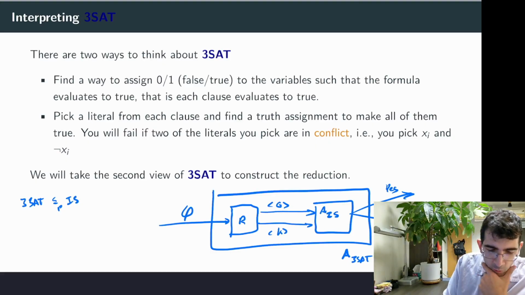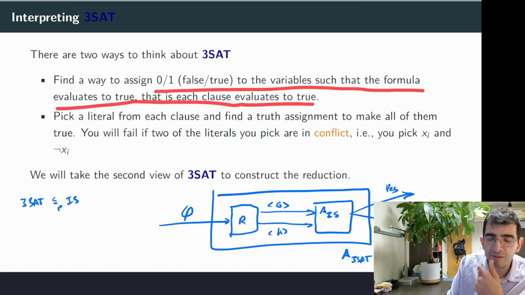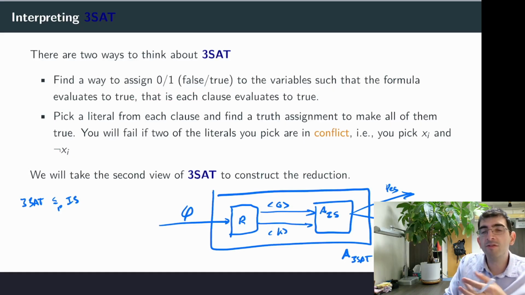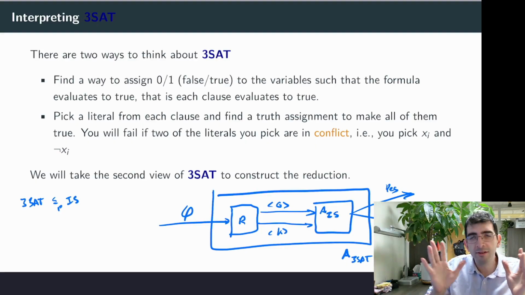We need to find a way to assign 0, 1 to variables such that the formula evaluates true if each clause evaluates to true. Okay, so before I say that, let me backtrack a bit and think about the 3-SAT formula a little bit.